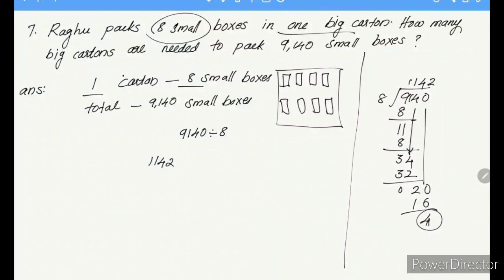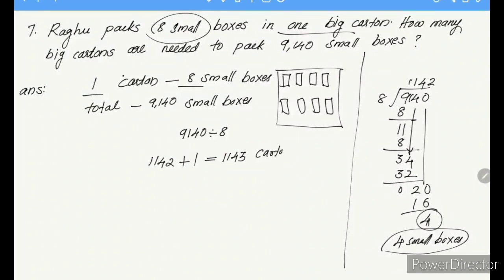What is 4 here? 4 small boxes. 4 small boxes remaining there. And for that also we need one carton. Then also he can pack the full small boxes. That means for 4 small boxes also one big carton is needed. Total 1,143 cartons he need.